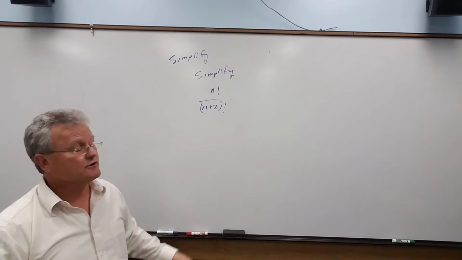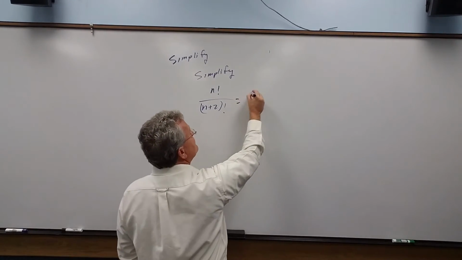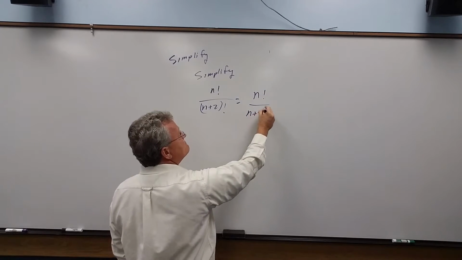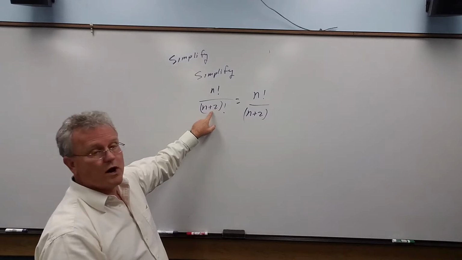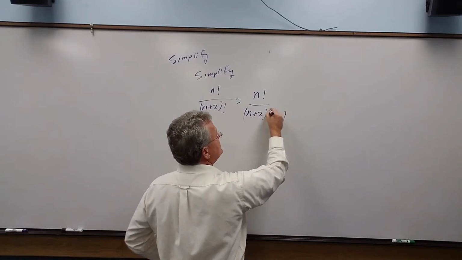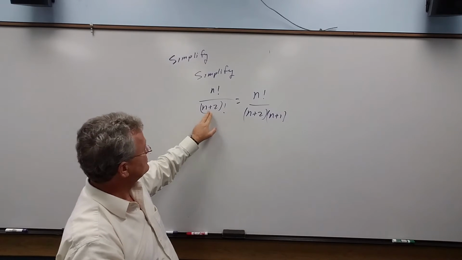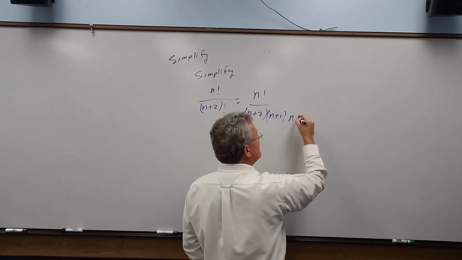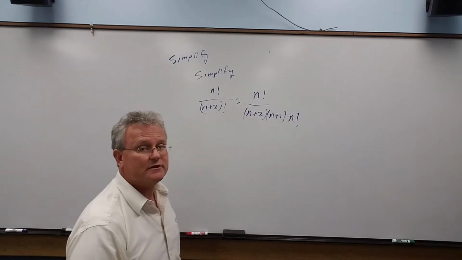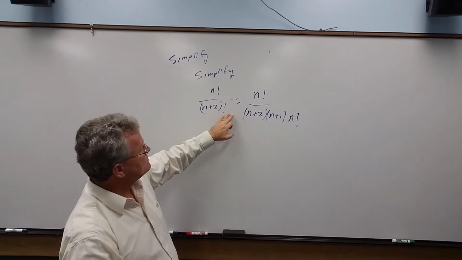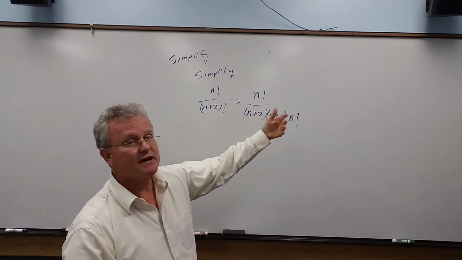Well, very similar to what we did before, n plus 2 factorial is n plus 2. 1 less than this is n plus 1. 2 less than this is n, and then we have n minus 1, and that part is n factorial.